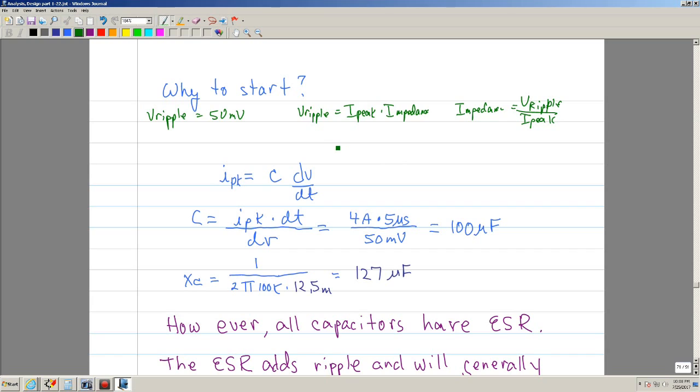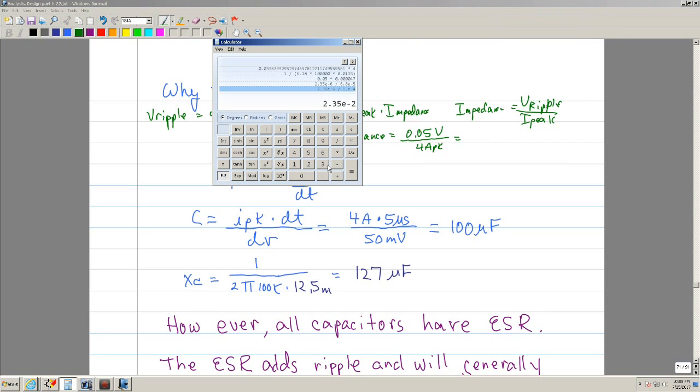So if that's the case, you can try and calculate what kind of impedance I need. You can say that it's 0.05 volts, 50 millivolts, divided by 4 amps peak, which is the AC.